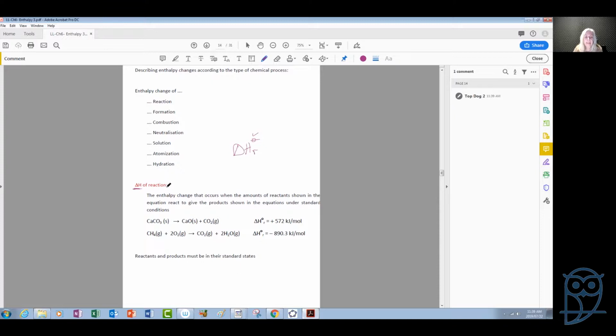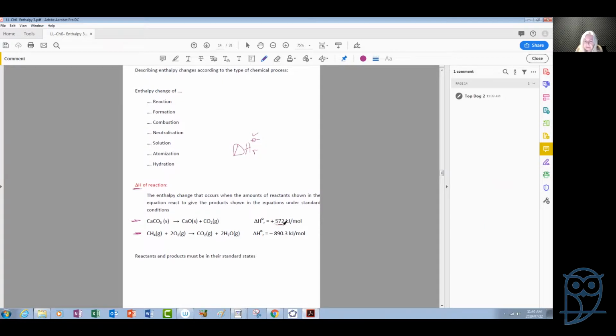So what is the standard enthalpy change of a reaction? It is when we have a chemical reaction, any chemical reaction, the enthalpy change of each of these reactions. These are two examples, the decomposition of calcium carbonate and the combustion of methane.